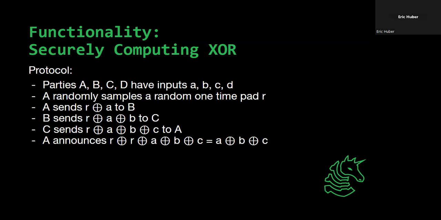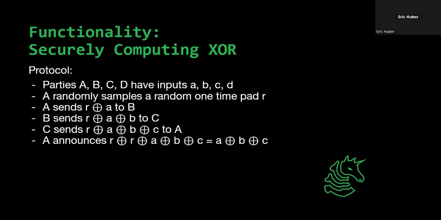So if you take a moment to think about this right now, we can figure out that all B sees is A XORed with something. There's no way to actually figure out what A has. And basically this is just a chain.